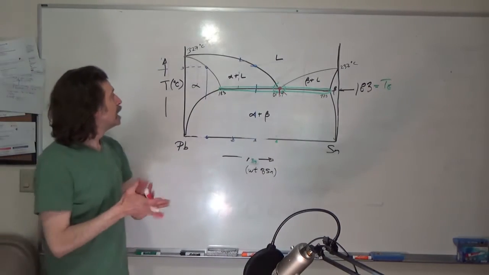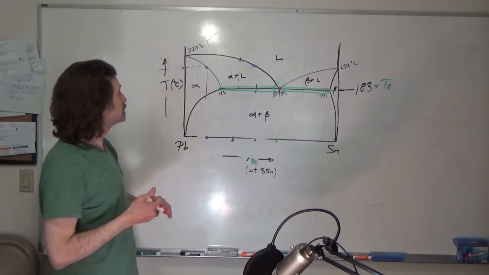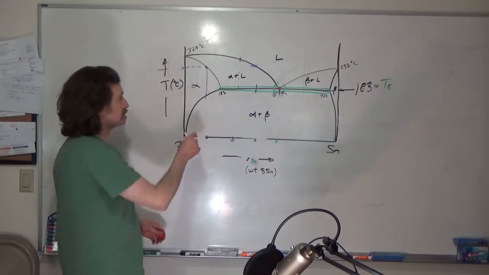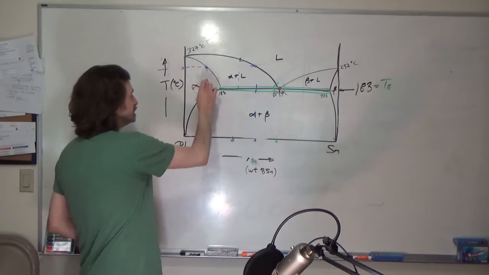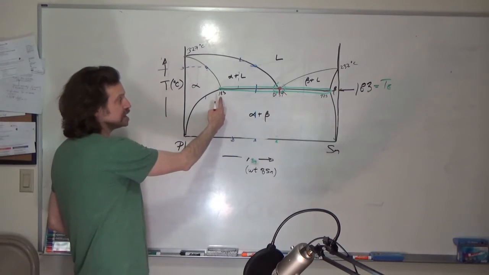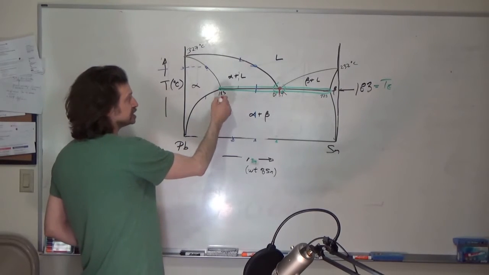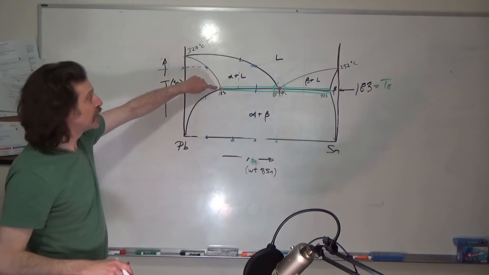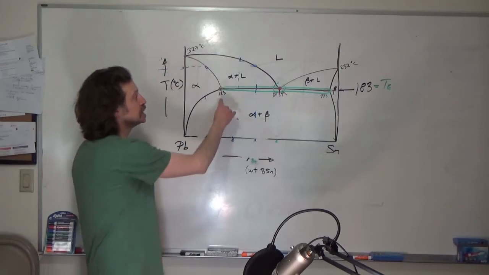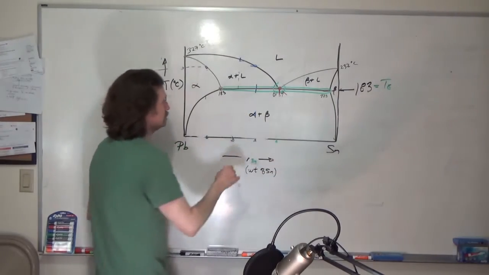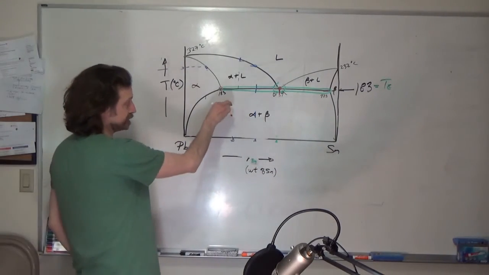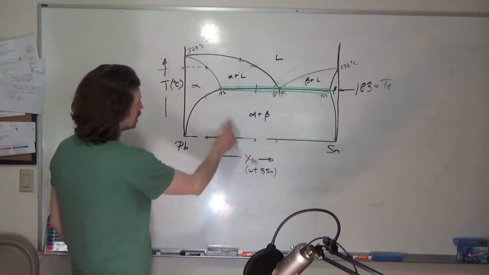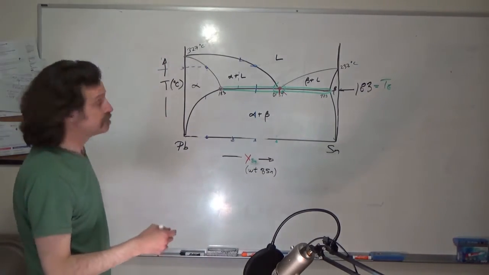So I want to talk about, first, having a composition which sits to the left of this point. So this point is the point that attaches to the eutectic, and in this particular diagram, it is 18.3 weight percent tin.